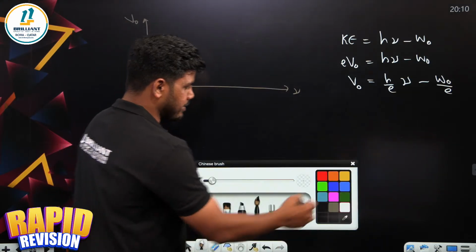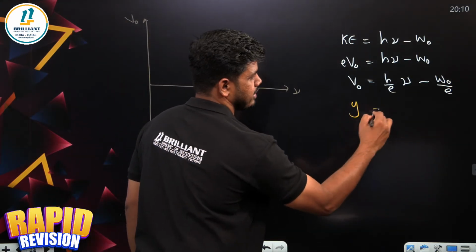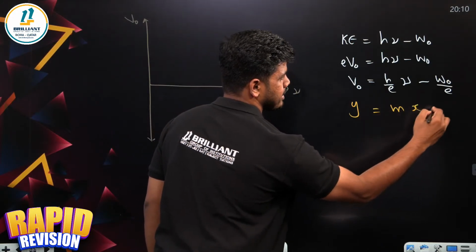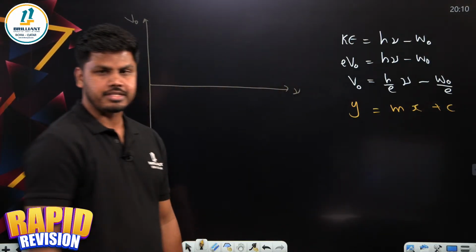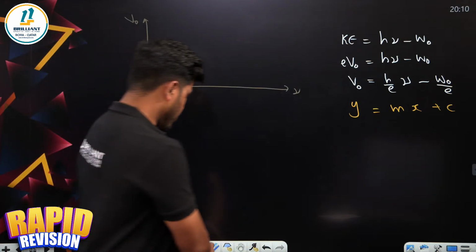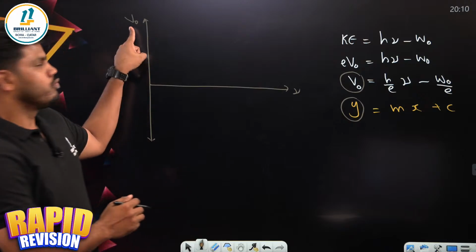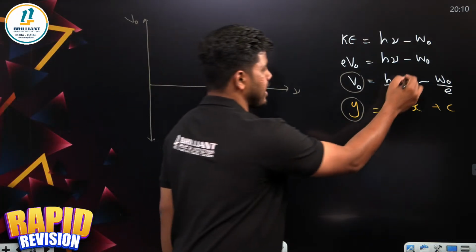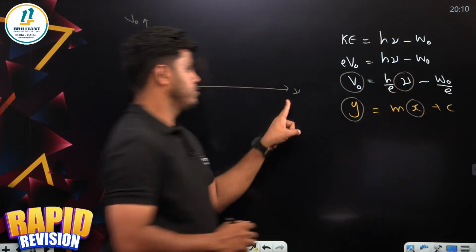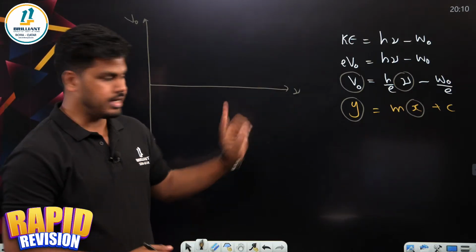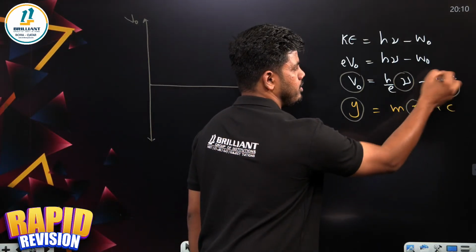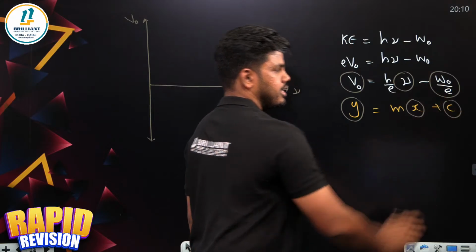Now you can compare this with the standard equation of a straight line, y equals mx plus c, just like in the previous case. This time the value along the y-axis is V naught. Along the x-axis it is still frequency, no change. And the y-intercept should be W naught by E.